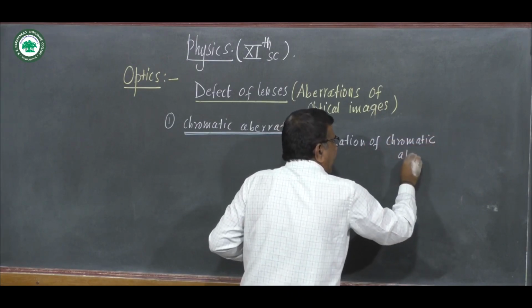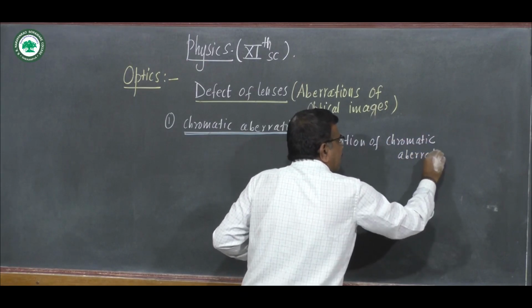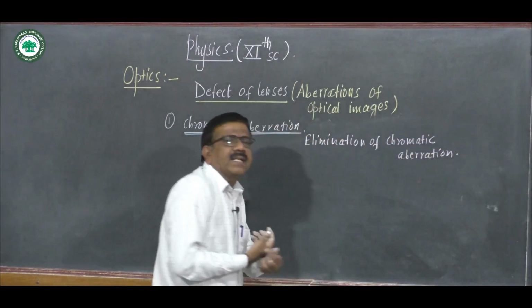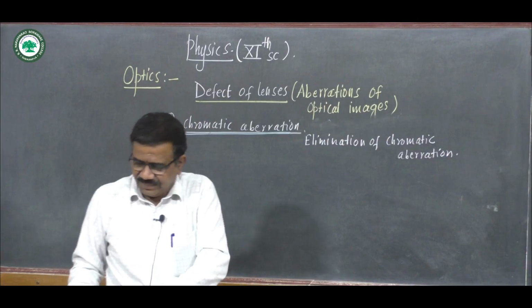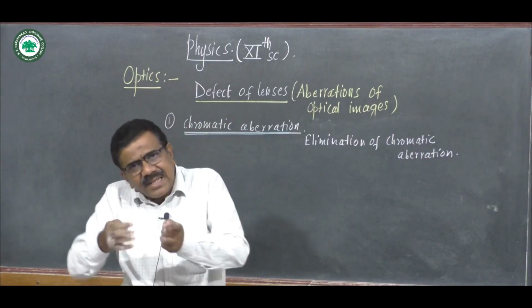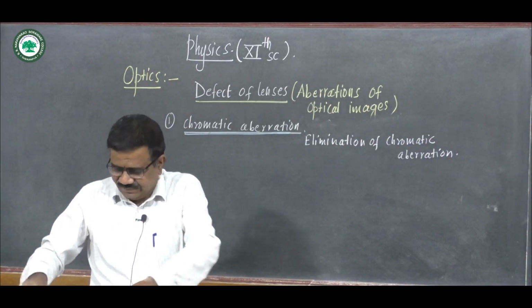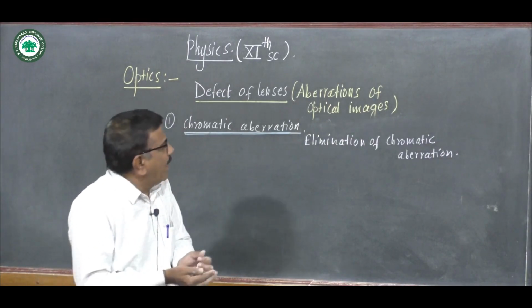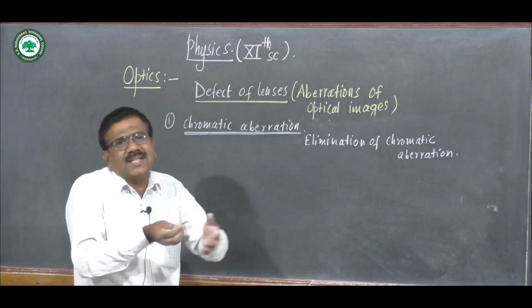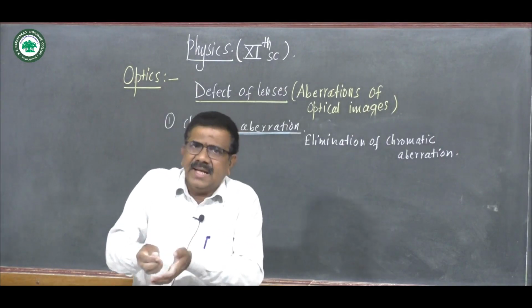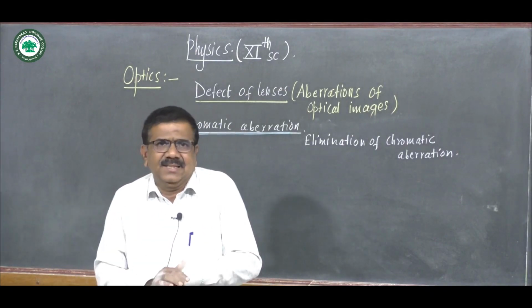It is also called minimization of chromatic aberration. It is eliminated for the extreme colors, which automatically reduces it for the other colors.